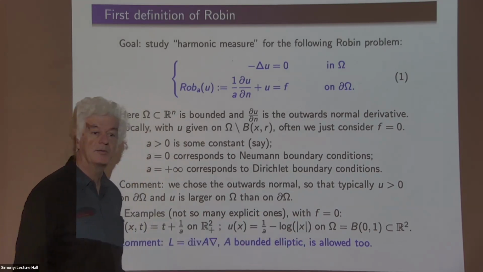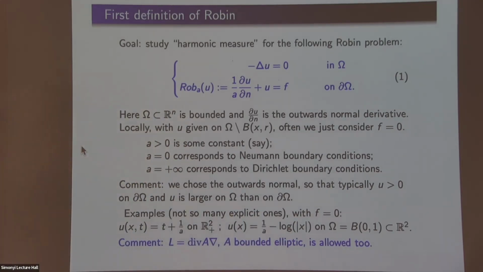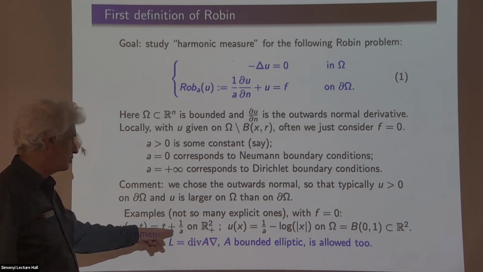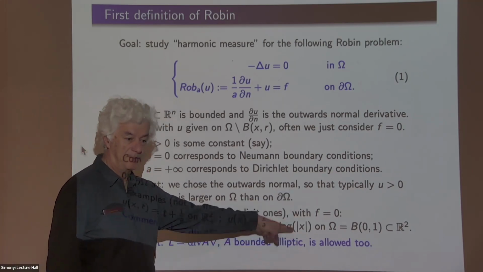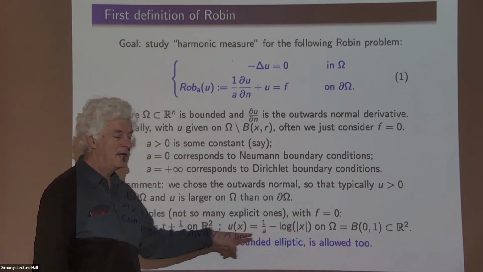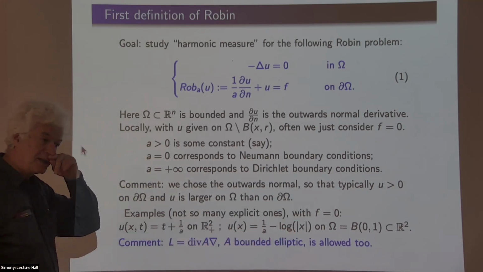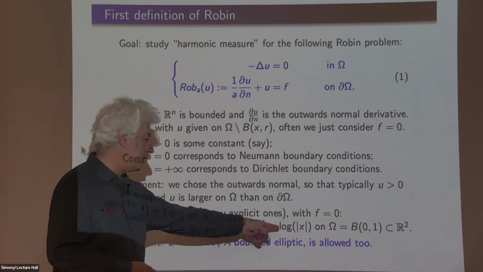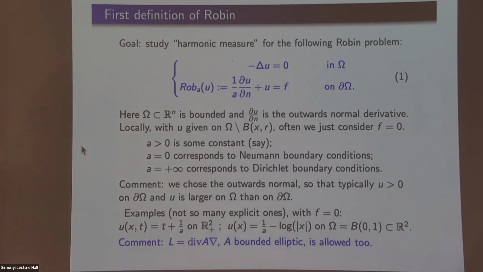And then if I add 1 over A, I get a Robin solution. Here, x is a real number. Here it's important because log is the harmonic function. Here you don't care. It could be any dimension, and otherwise you replace it by some power. But anyway, just to give an idea, there are not so many cases where you can compute solutions, but at least this is one thing.